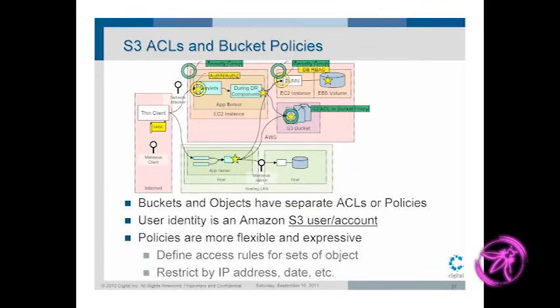Okay, so S3 buckets and ACLs. Buckets have objects, and those things have either ACLs or policies associated with them. When you make an access to the bucket, AWS identifies you based on your AWS credential, and the ACL will give you access to it, or the policy says this person has access to it. You can see here, we're going from our app server down here, making this call to get the bucket data, which comes back here and goes back to the client.